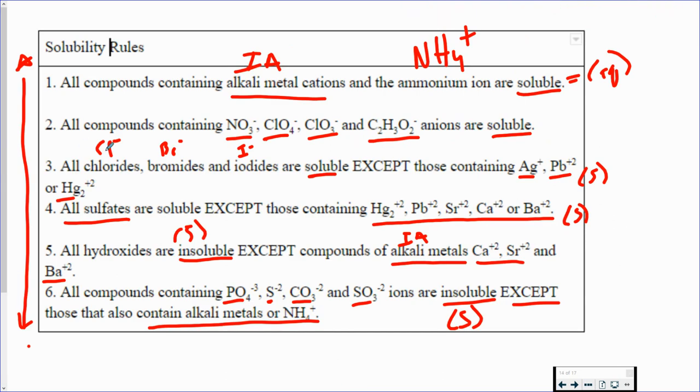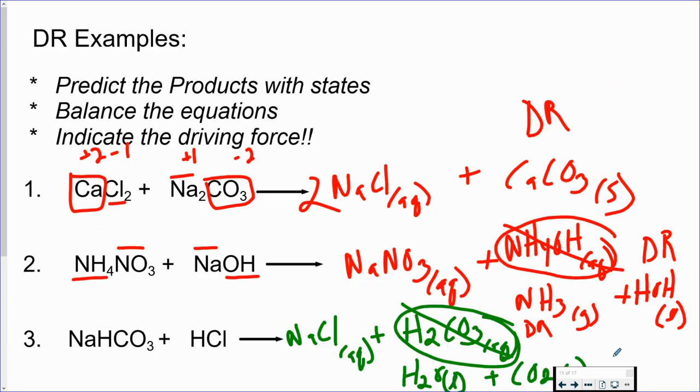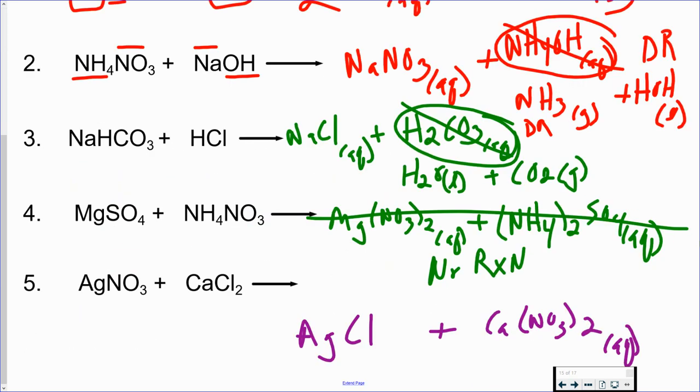AgCl, well, Cl, that's a chloride right here, number 3. It tells us they're soluble except when containing silver. So therefore, this one has silver attached to it. That makes this a solid, and all we have to do is then balance it. We would put a 2 here and a 2 here, and we're balanced.